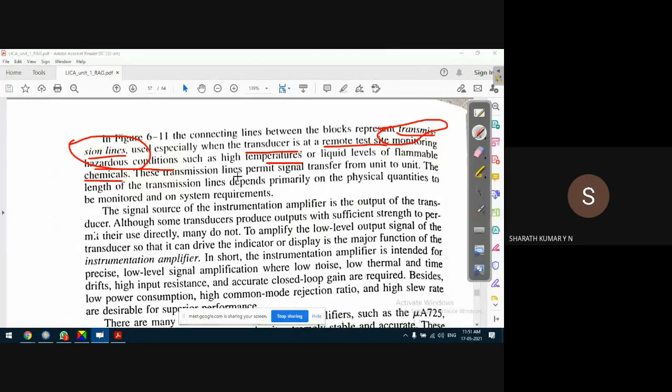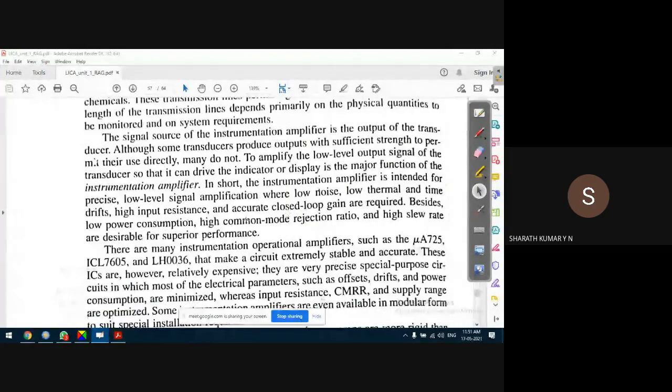These transmission lines permit signal transfer from unit to unit, so they are used to communicate among the various devices. The length of the transmission line depends primarily on the physical quantities to be monitored and on system requirements. Nowadays, SCADA systems employ digital techniques and wireless communication.